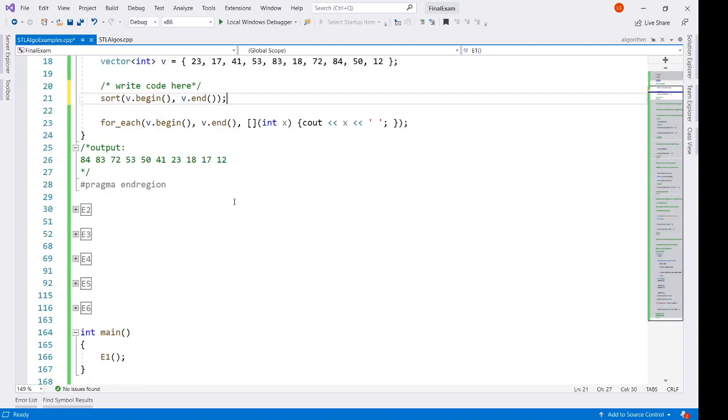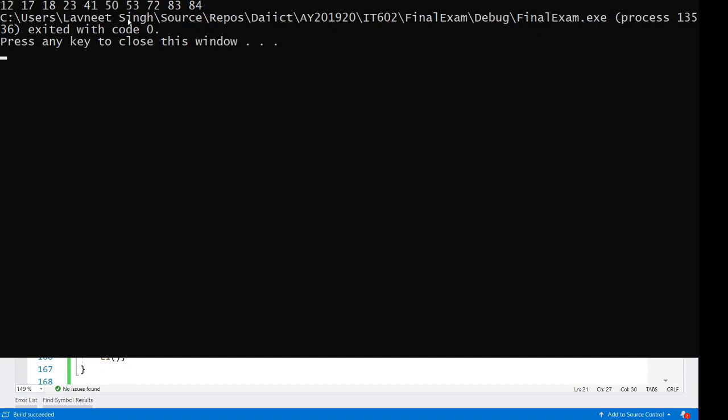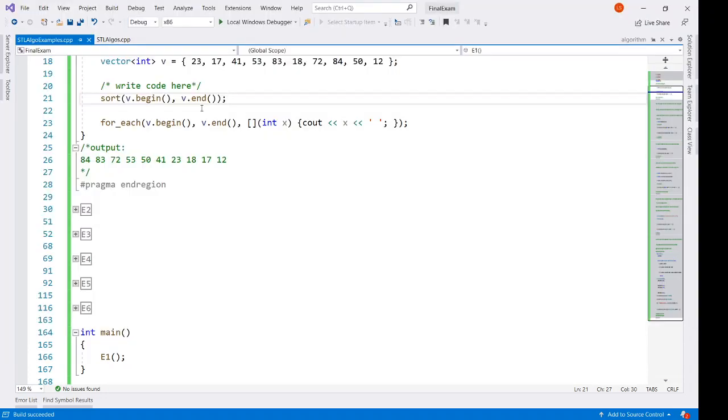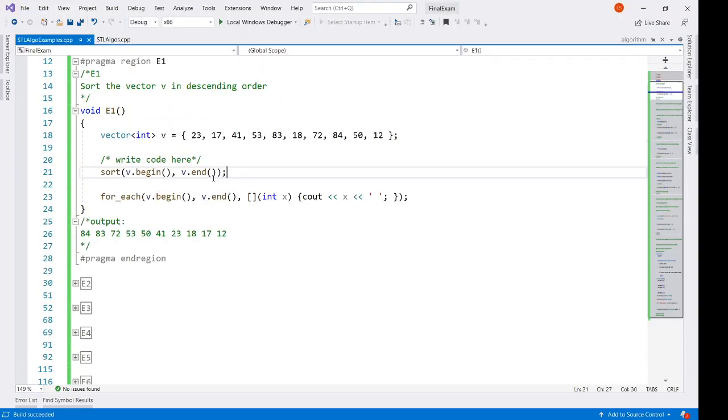Now, if we run this code, we will get an output which will be a sorted vector, but it is sorted in the ascending order, not in the descending order. It is because of the default predicate. There is an overload of sort which can take a predicate.